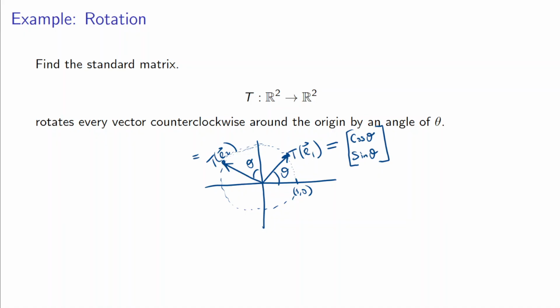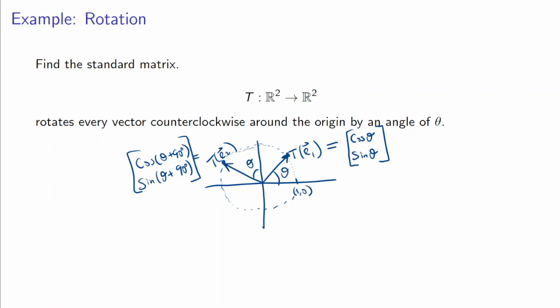T of e2 similarly will be related to cosine and sine, except it's not just cosine and sine of theta, it's going to be cosine and sine of theta plus an additional 90 degrees. So we could write this as cosine of theta plus 90 degrees, or if we were working in radians, we could put pi over 2 radians, and this one would be the sine of theta plus 90 degrees.